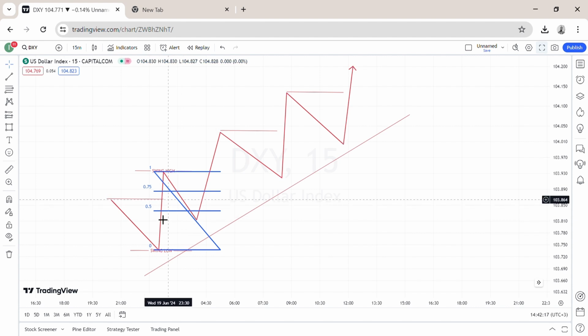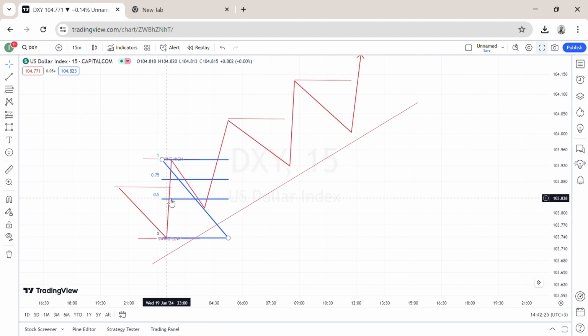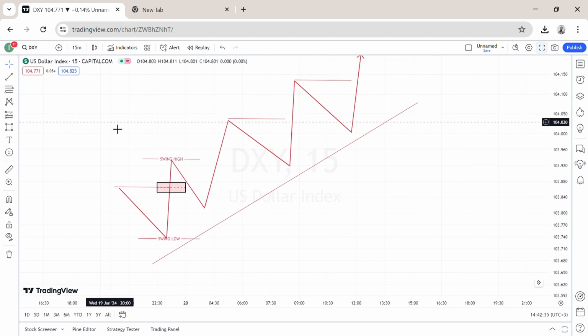Now, having this in mind, that is exactly the reason why I wouldn't pick a fair value gap above this 0.5 key zone. Even if I have a fair value gap right there, okay, let me remove this, right here.